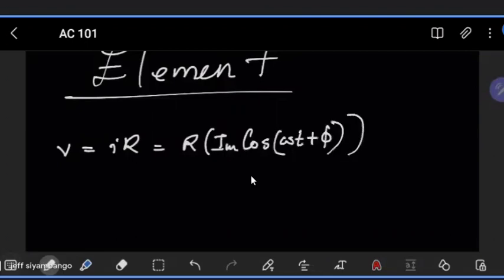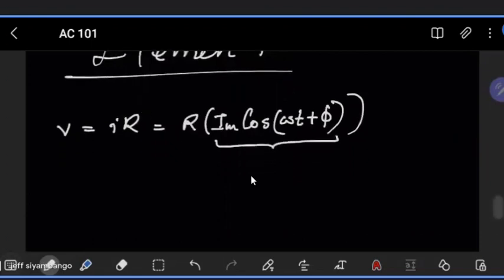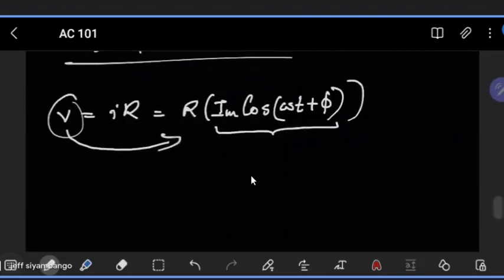Then you have to see that the sinusoidal supply current here can be written in phasor form. Throughout, this is time varying, this is Vt. But the minute I choose to transform the current from this sinusoidal waveform into phasor form, even the voltage on the left side changes.